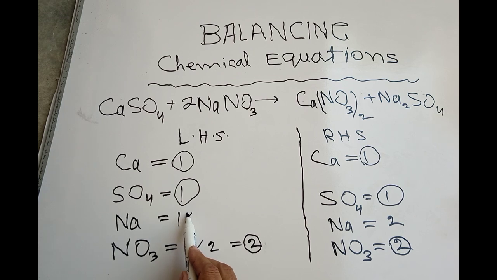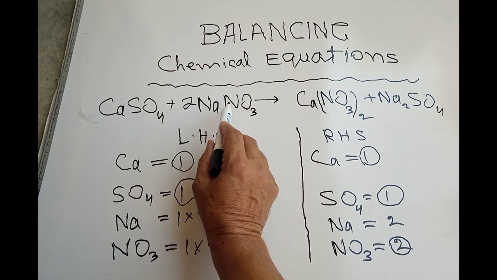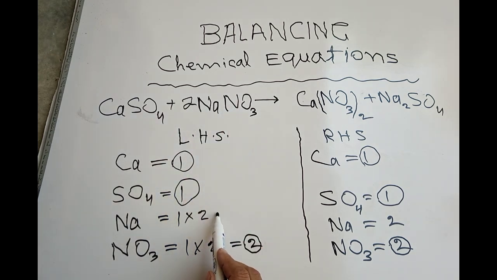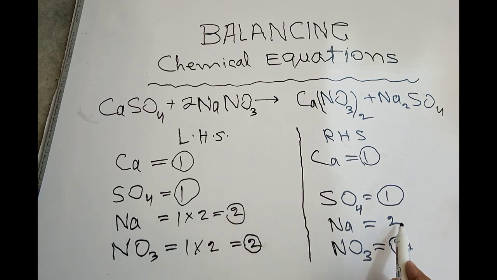This became 2 as we multiplied NO3 by 2, so this also became 2. So now Na on both sides is balanced. So the equation is now balanced.